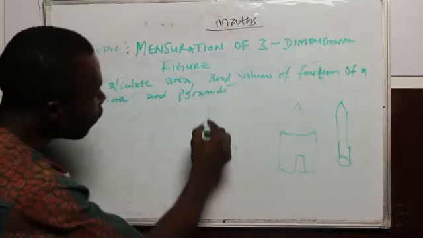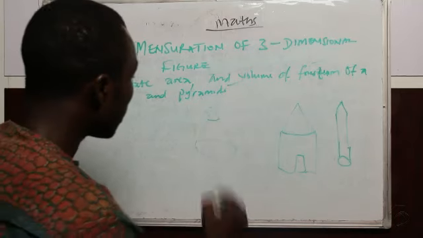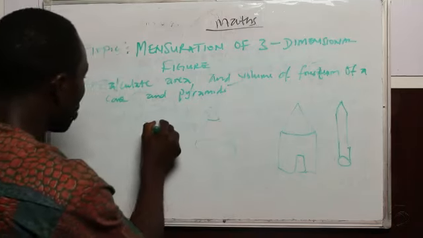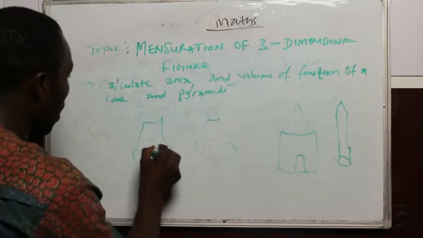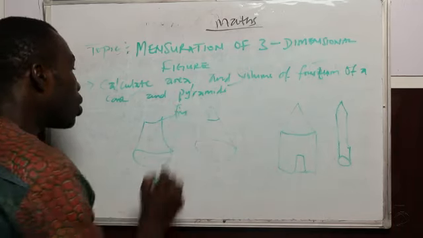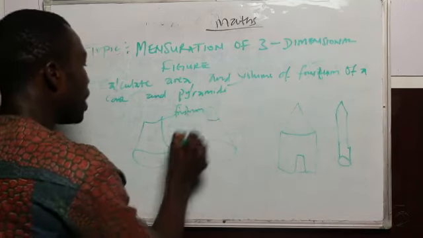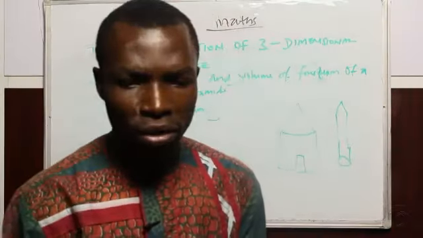Now, if we remove the top of this side, it means that we are talking about this shape. It is called a frustum. So a frustum means when the top of a cone is removed by a plane.